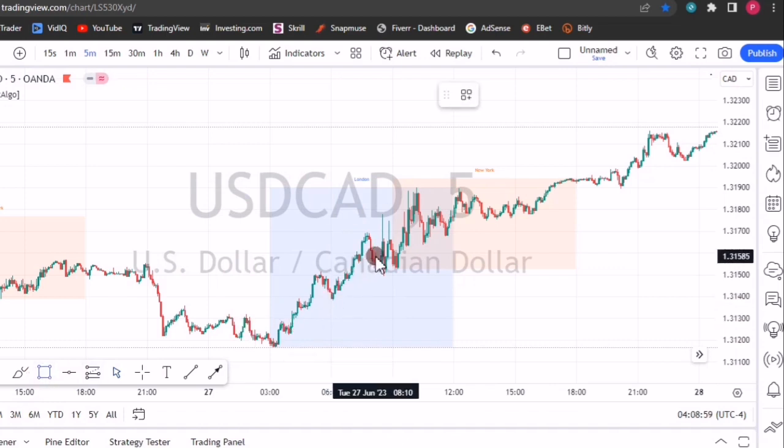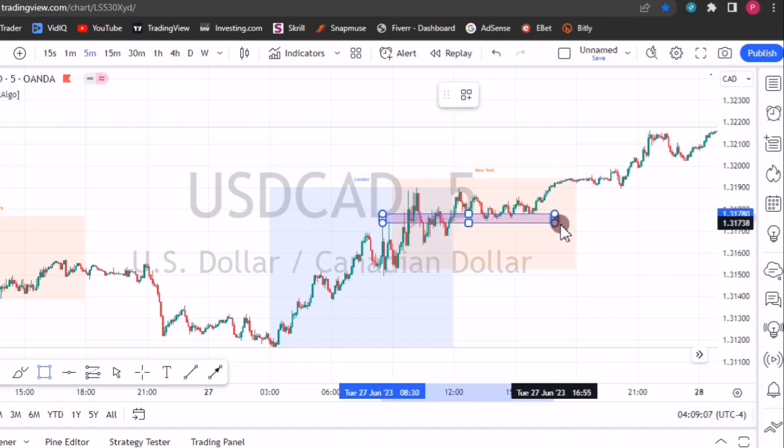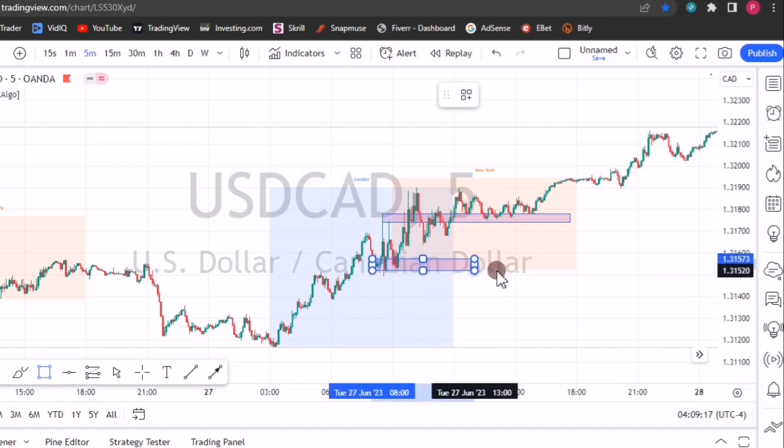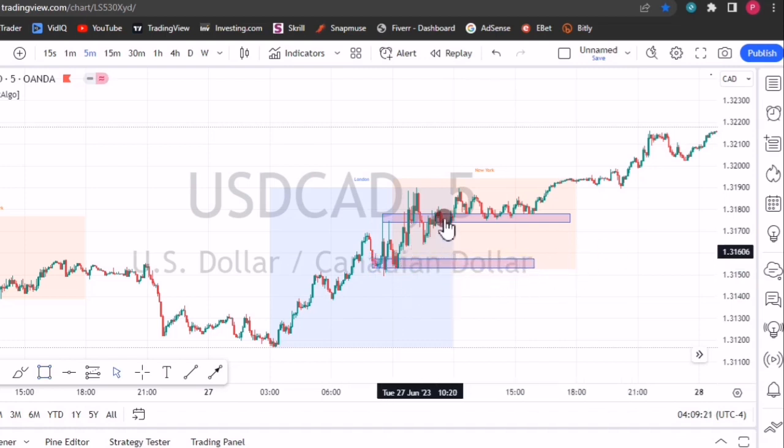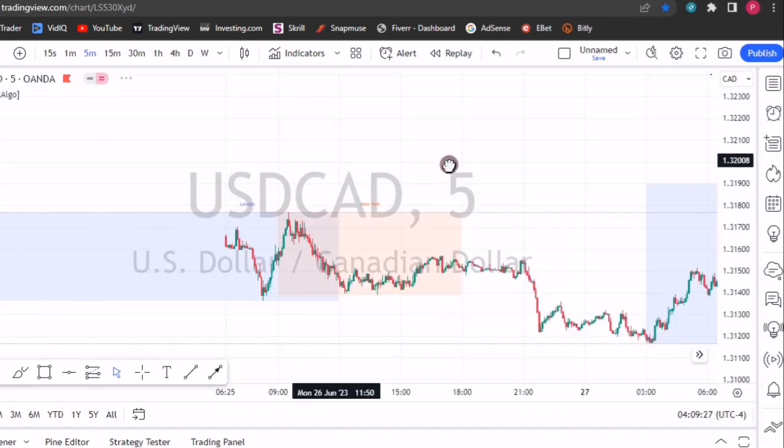On an uptrend, you start by identifying the highest point on the London, and that highest point was this spike there. That spike started down here. So on the New York session, price closed above. You could have taken a buy, put your stop loss below that.